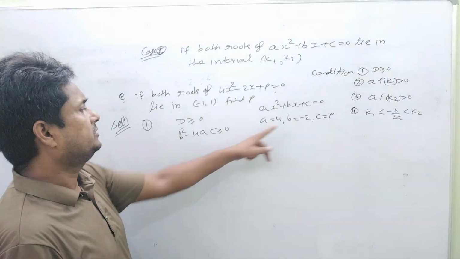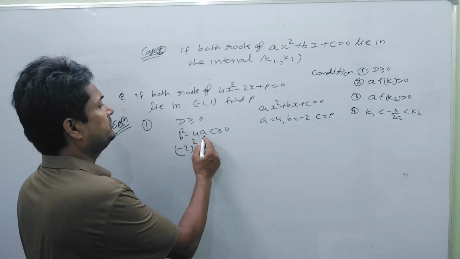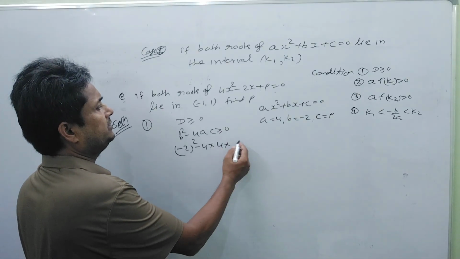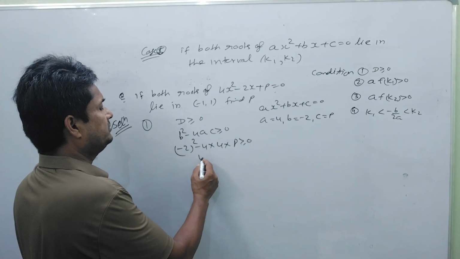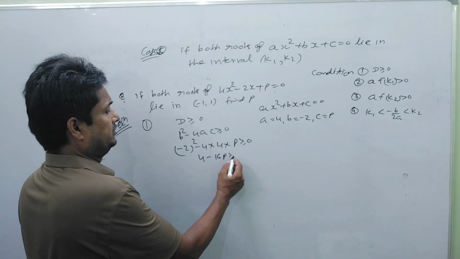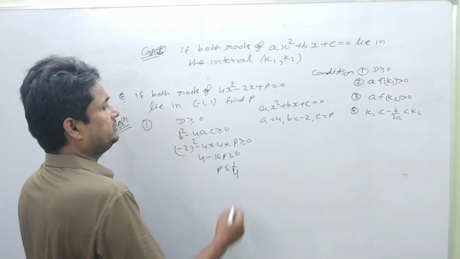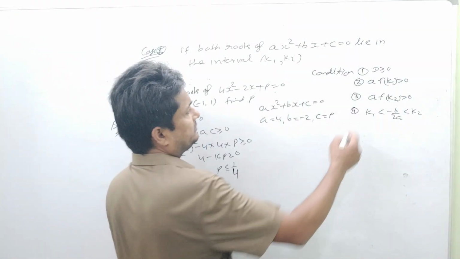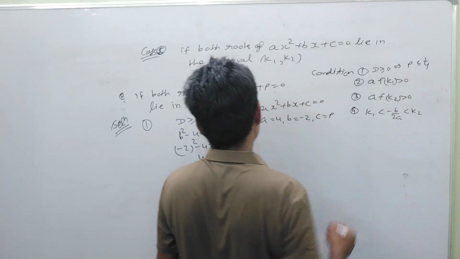So b is minus 2, so this is minus 2 square minus 4 into a, which is 4, into c, which is p, greater than or equal to 0. Now simplify this and you will get p less than or equal to 1 by 4. So the answer for the first one is p less than or equal to 1 by 4.